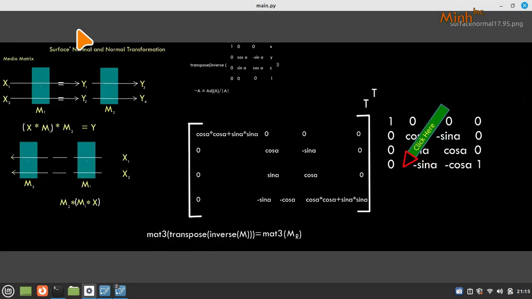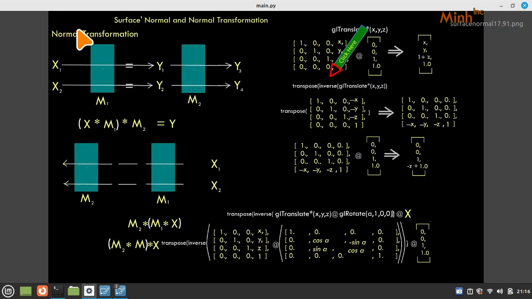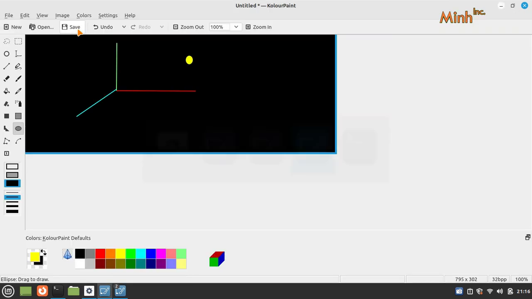So if this is the matrix, and I multiply this with a normal like 0, 0, 1, this is what we are seeing. So now we will do the computation.